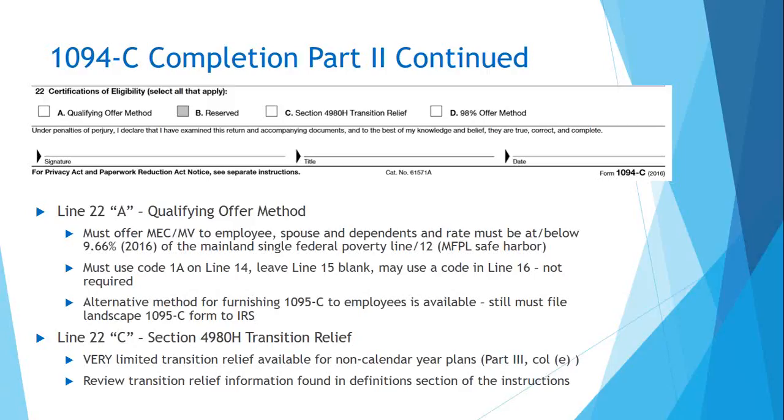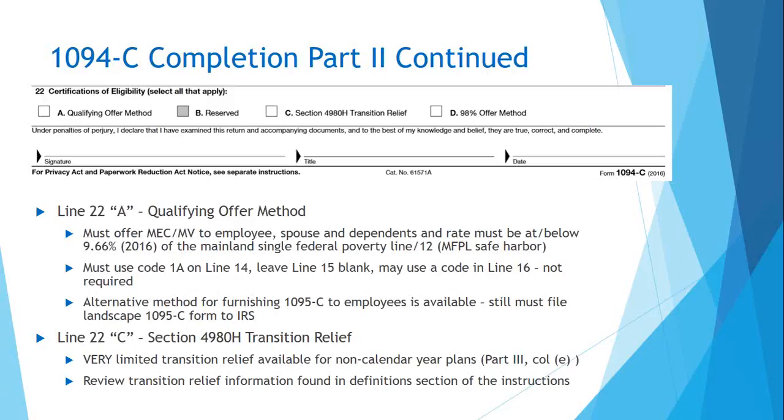So on the 1095-C form, if you've checked this box, you can use Code 1A on line 14. You leave line 15 blank, and you can indicate a code on line 16, which is a safe harbor, but it's not required.